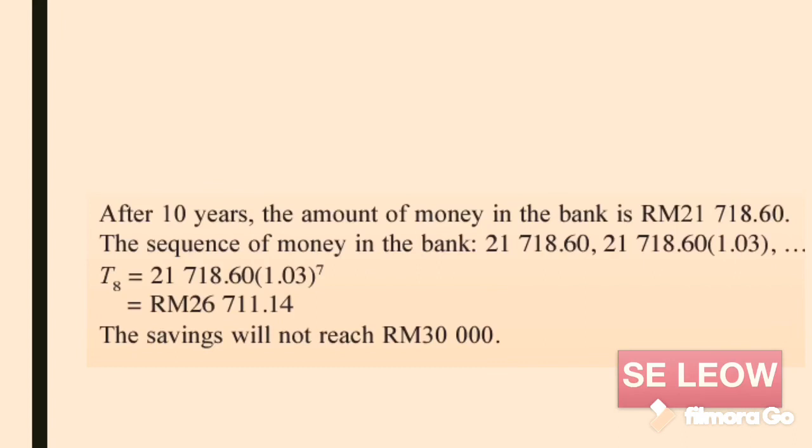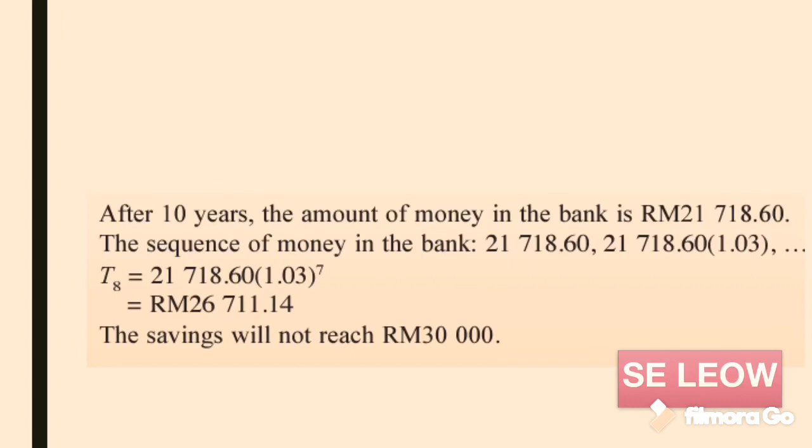After 10 years, the amount of money in the bank is 21,718.60. So the sequence of money in the bank will be 21,718.60, comma, 21,718.60 times 1.03, and so on and so forth.